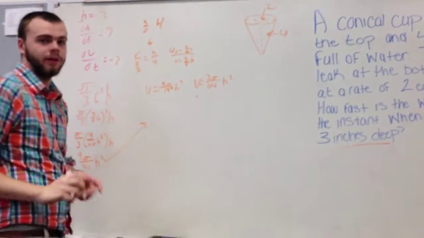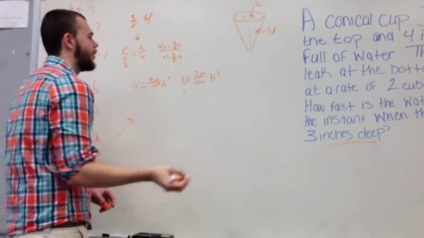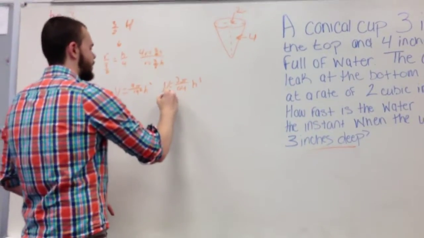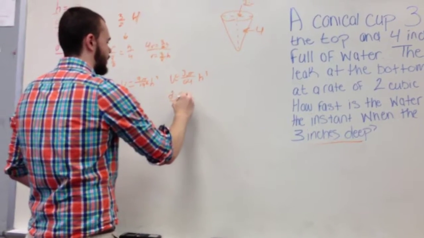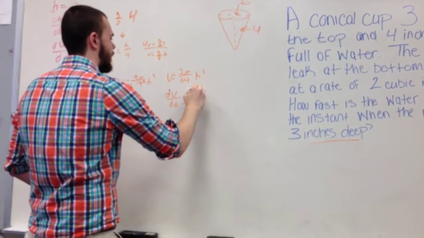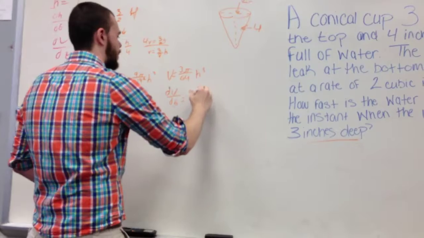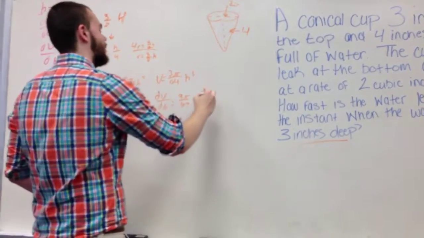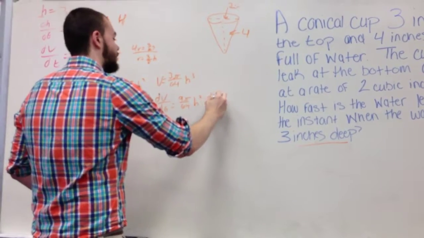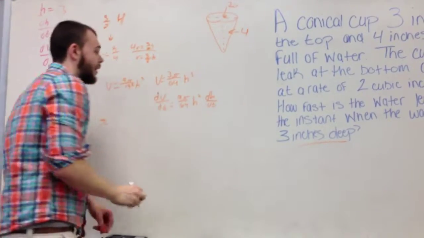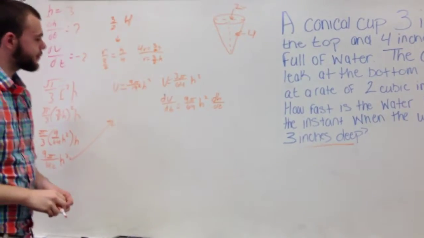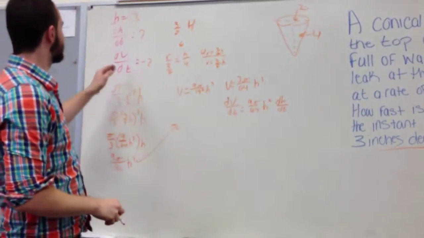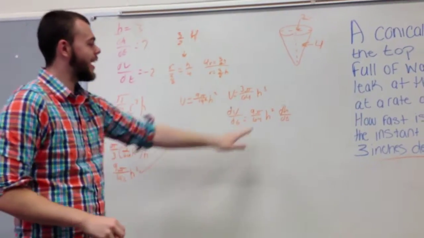Now we can differentiate using the power rule. 3 times 3 is 9, dV/dt equals 9 pi over 64 h squared. And don't forget your dh/dt because we differentiated.